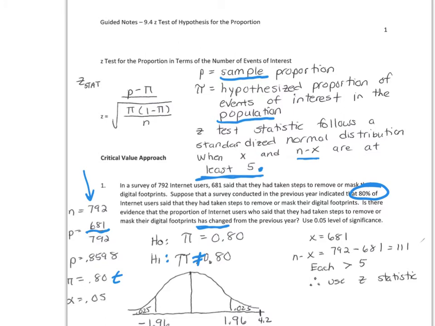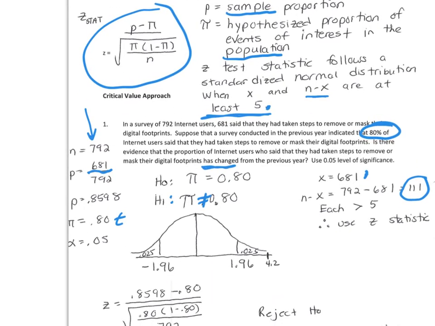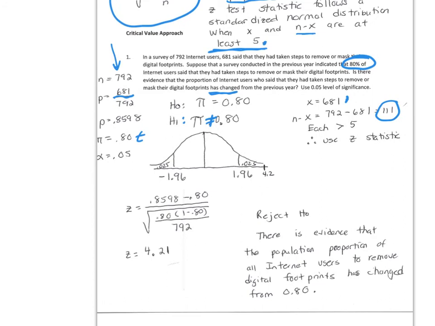Number of interest is 681, and sample size is 792 minus 681 is 111. It's greater than 5, that difference is, so we can use the z statistic. And here's your z stat formula right there. p is 0.8598. So I calculated that z here, and I got a 4.21.